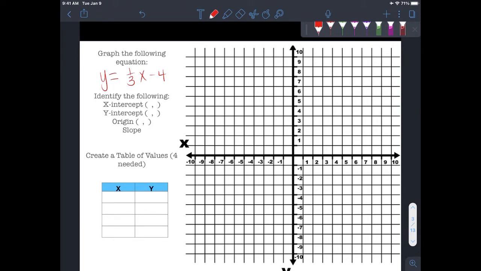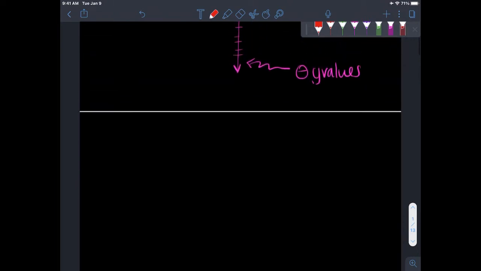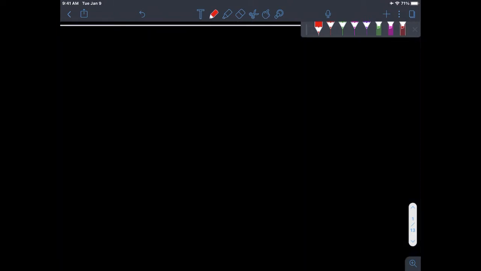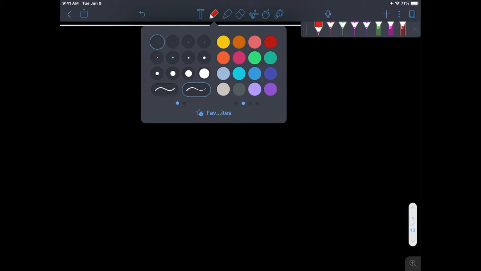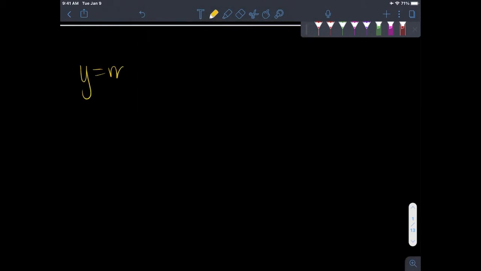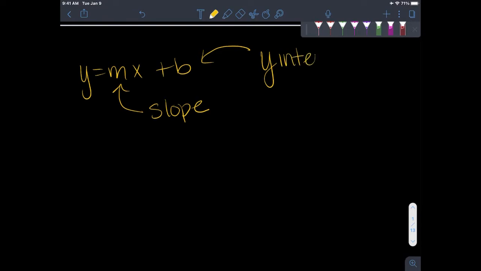This equation is written in the form y equals mx plus b. This m is what I call my slope, and this b is my y-intercept, also sometimes called my initial value.